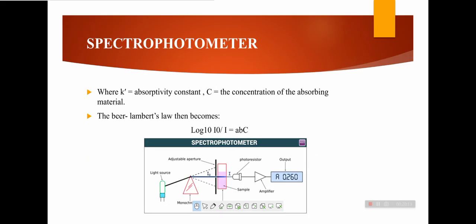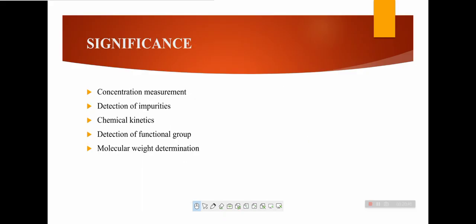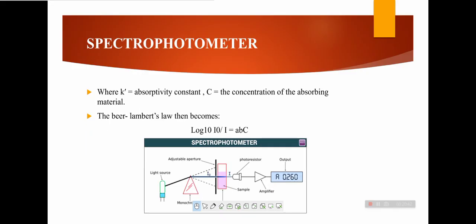The intensity of light that is absorbed depends upon the color of the solution. The more the intensity of light absorbed, the more the concentration of the solute present in that solution.